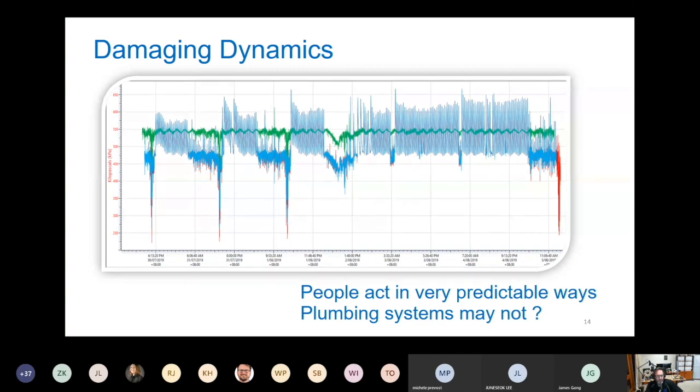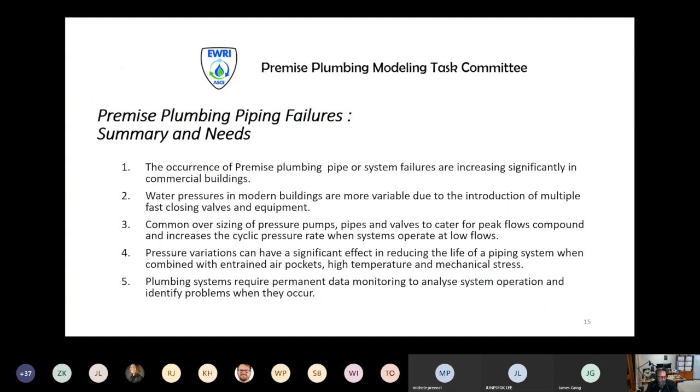From one of our previous presentations, I heard someone say that people act in very predictable ways, but our plumbing systems may not. So in summary, the occurrence of premise plumbing pipe or system failures is increasing significantly in commercial buildings.